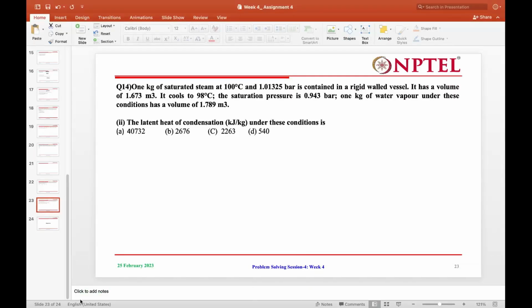Sir, can we get the PDF of these questions that you have practiced in the last session? Yes, I already shared it on Google Drive. And on the SWAYAM portal, you will get a Google Drive link. Then you can open it and download the questions.